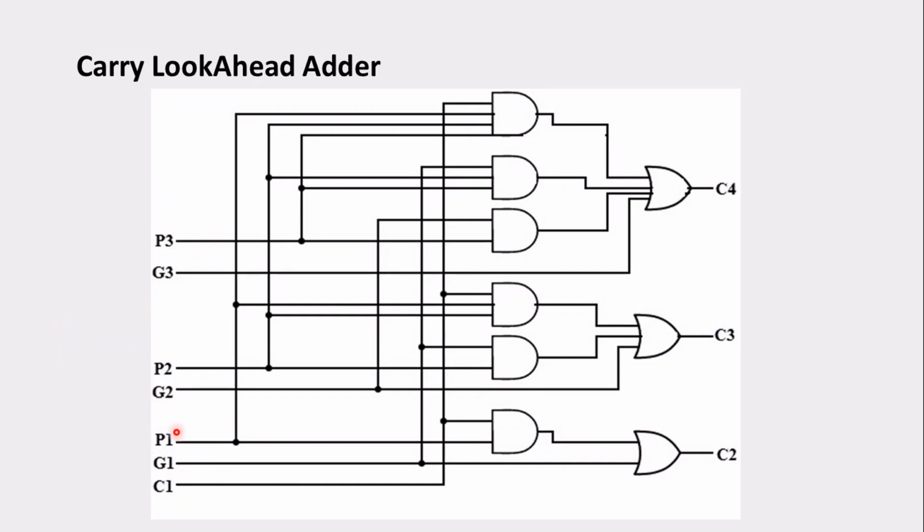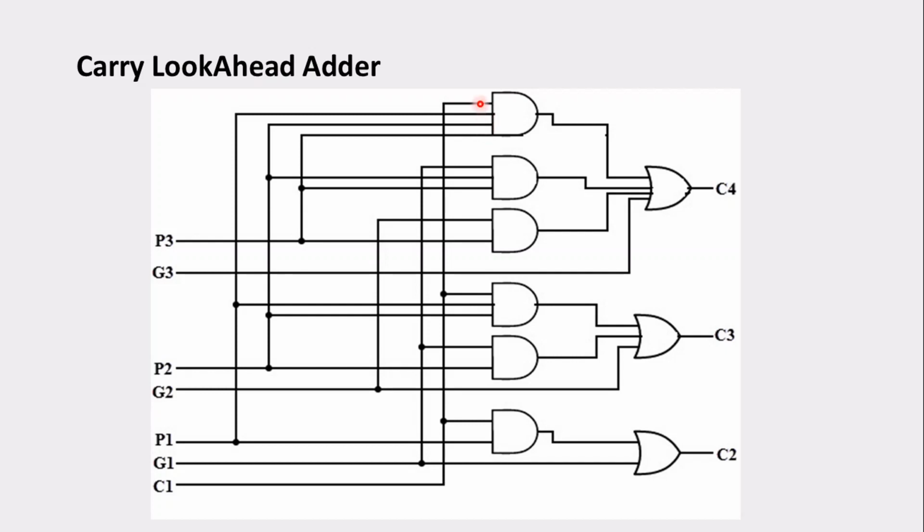C4 is P3 P2 P1 P0 into C. So here you can observe, this is C1, that is our carry in, and then P1, P2 and P3.